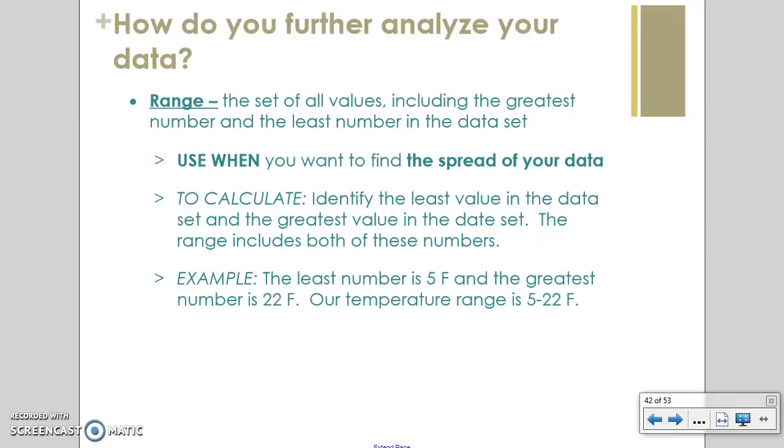We may also find it useful for people to be able to see what kind of a pattern is created in picture format by creating a graph of our information. And we also may find that we need to find some mathematical analysis of our data by using either the median, the middle number, the mean or the average, and the range, the spread of our data from smallest to greatest.